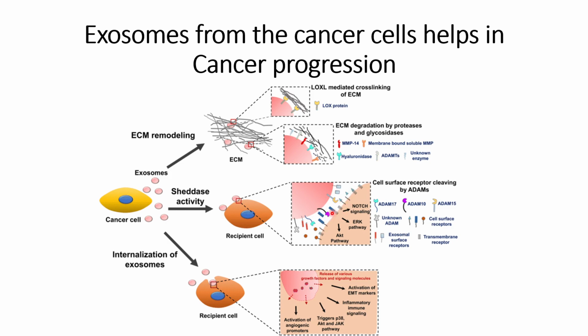Thereby the exosomes trigger different signaling pathways such as the NOS signaling pathway, ERK pathway, and AKT pathway.